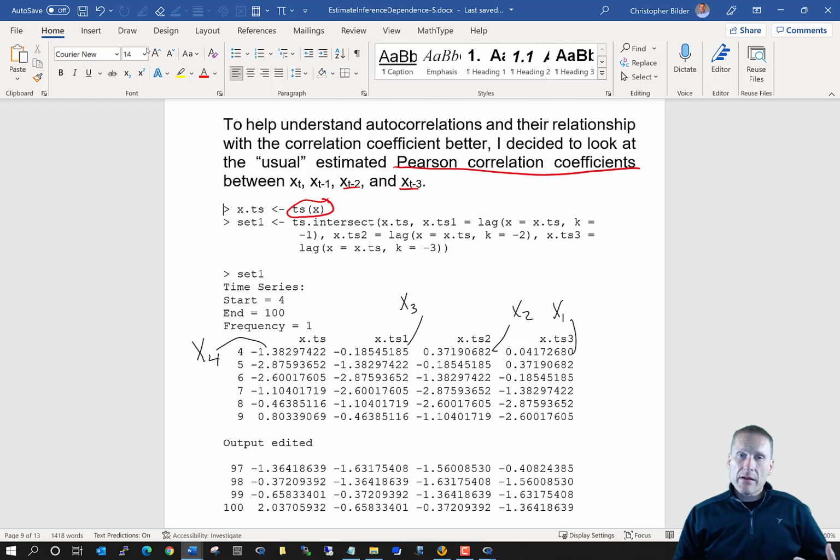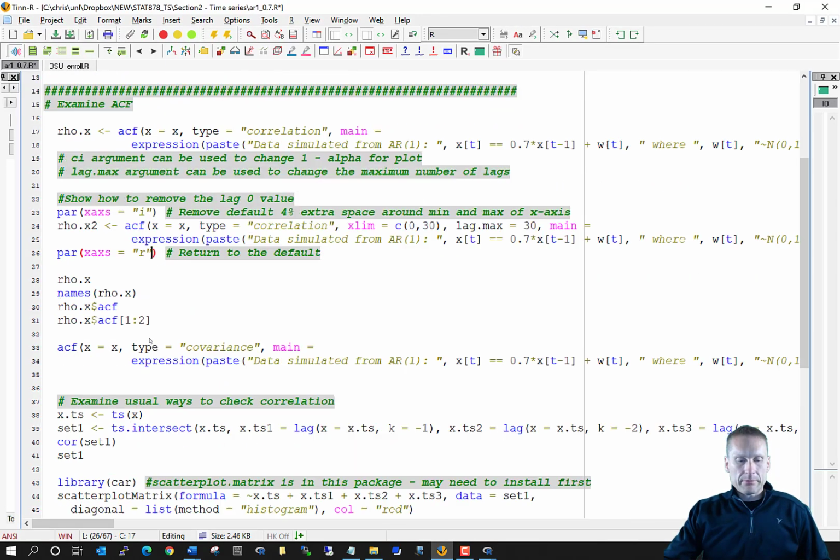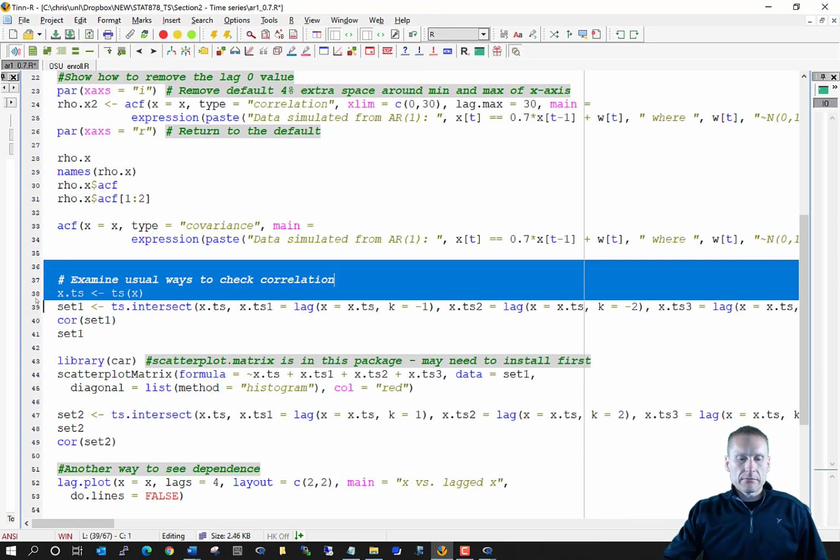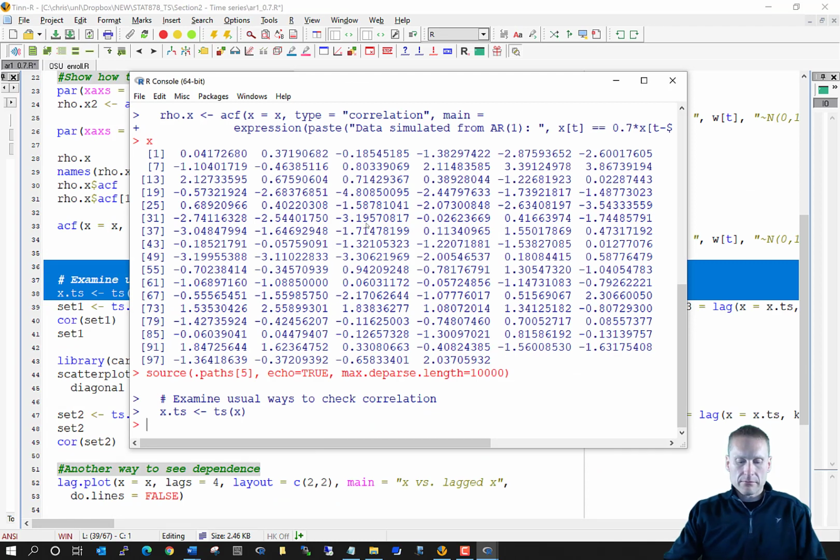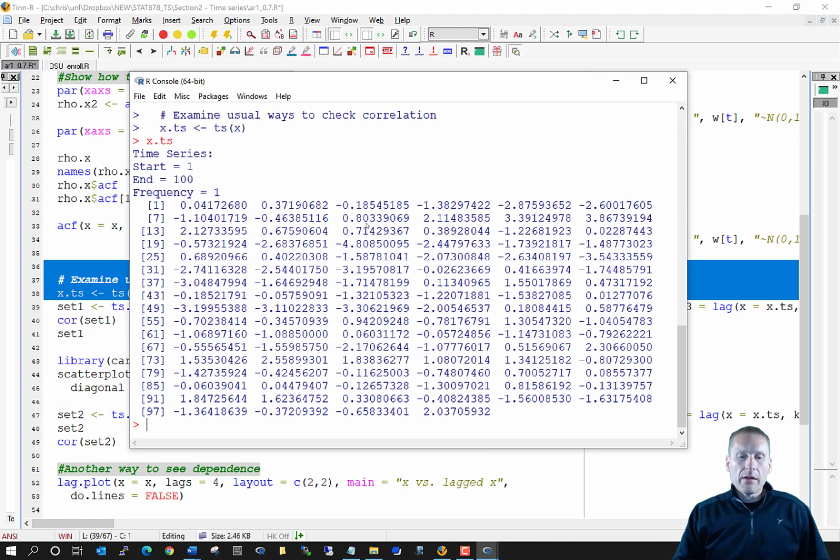But here I'm going to actually do that myself, and let me just show you again what the effect is. Now R attaches some additional information to your data. It says it's a time series. It starts at time 1, ends at time period 100, and a frequency of 1. So it's like maybe I have yearly data.